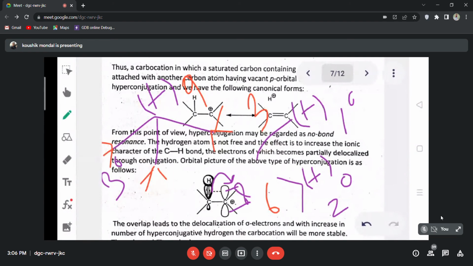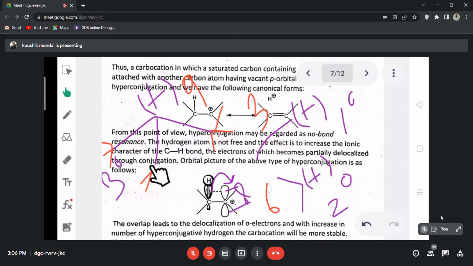So the stability order will be: this one is the tertiary or 3 degree carbocation. This carbocation has 3 methyl groups attached along with this, so it can be stabilized by the hyperconjugative effect of these 3 CH3 groups. In hyperconjugation, these C-H bonds play a major role.